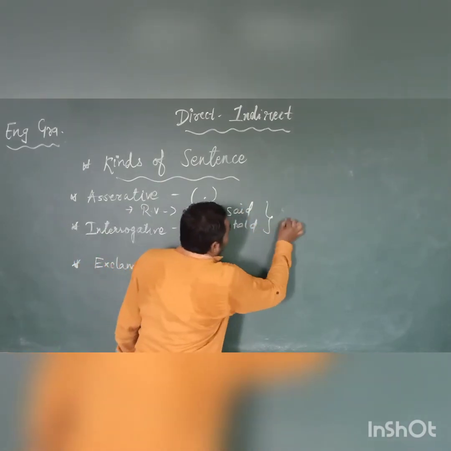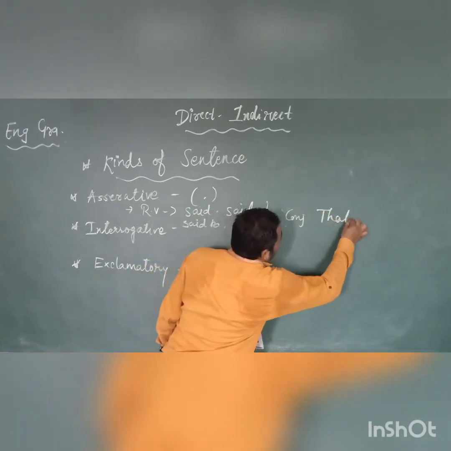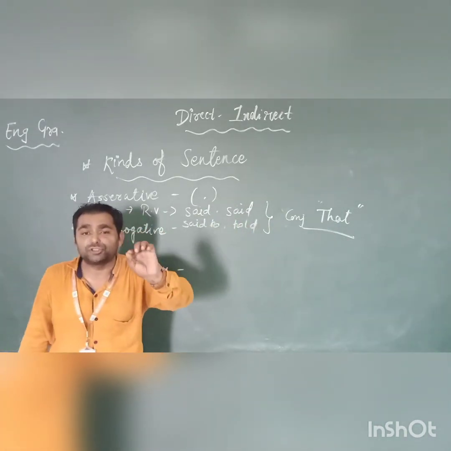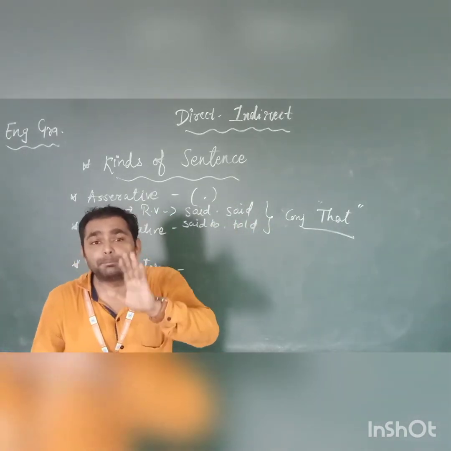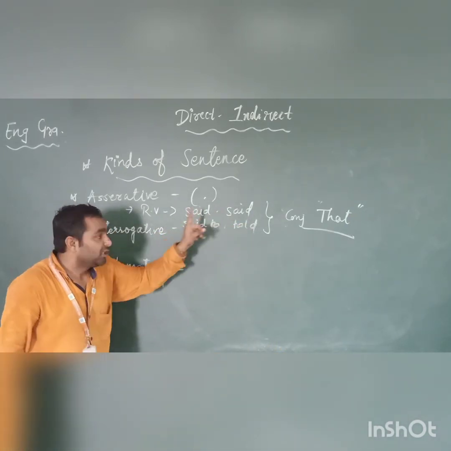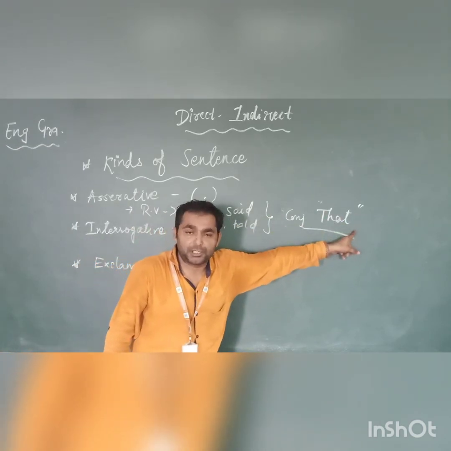And as the conjunction we are using that. Again I am repeating, whenever your sentence ends with a full stop, that means कोई पॉजिटिव या सिंपल सेंटेंस हो, at that moment रिपोर्टिंग वर्ब said हो तो said, said to हो तो told, और उसमें कंजंक्शन आपको that यूज करना है.